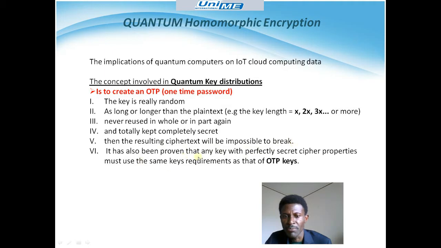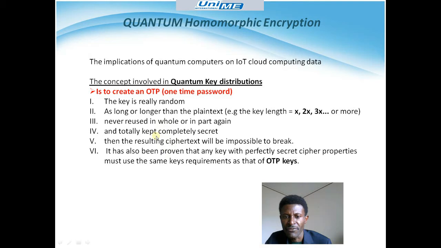It has also been proven that any key with perfectly secret cipher properties must use the same key requirements as those of OTPs. So this is the recommendation of the algorithm that we will create for the HomoMongo project, or that should be used, even though some of this method is way beyond the scope of the project.